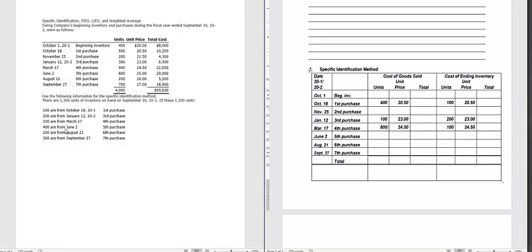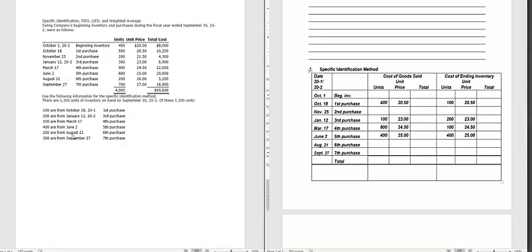Okay, we'll go to the fifth purchase. We still have 400 units from the fifth purchase. The fifth purchase units cost $25 each. And the total purchased were 800. So we still have 400 of those, that means we sold 400.